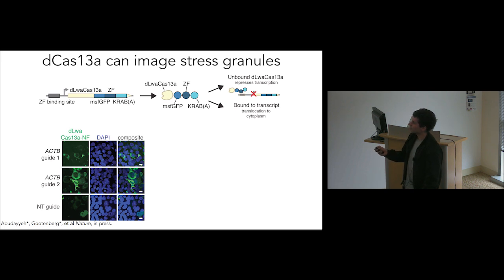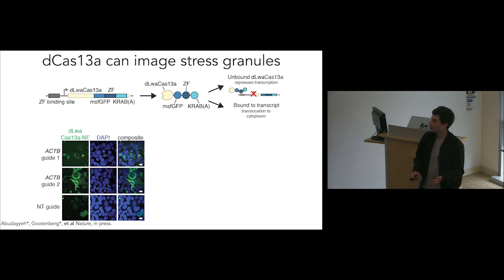However, if Cas13a binds to a transcript either right after it's translated in the cytoplasm or as that transcript is exported, it'll be taken to the cytoplasm. And then it cannot suppress its own transcription, and more will be expressed. So it's a negative feedback loop that will actually tune the amounts of the imaging construct so we can target things that aren't just really very focal phenotypes.